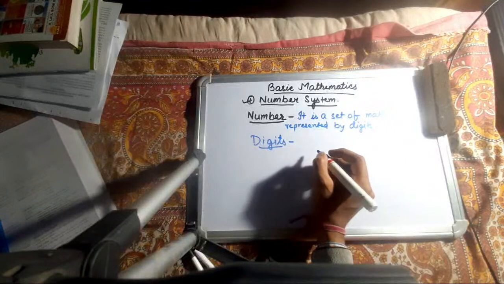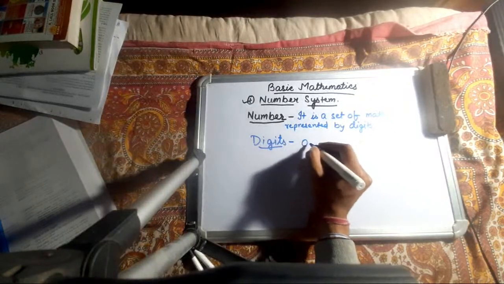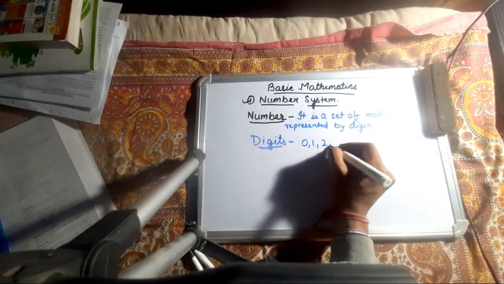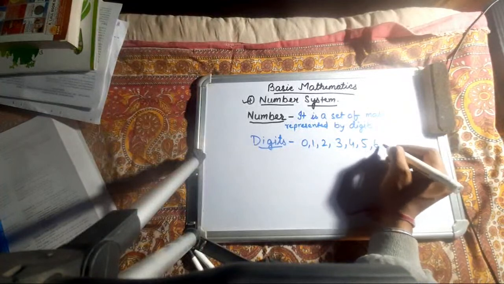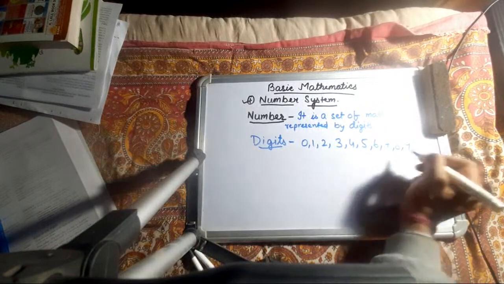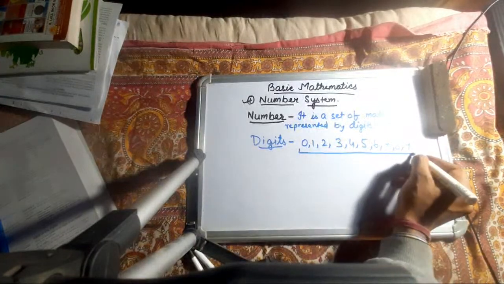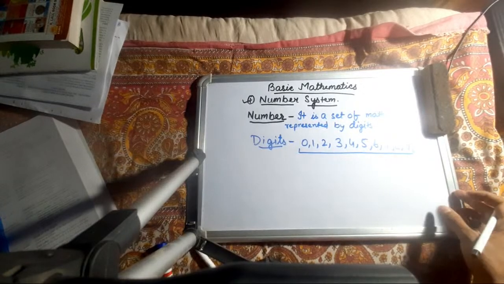There are generally 10 digits, that is 0, 1, 2, 3, 4, 5, 6, 7, 8, 9. So there are 10 basic digits we are having, that we will be using in our entire mathematical life.